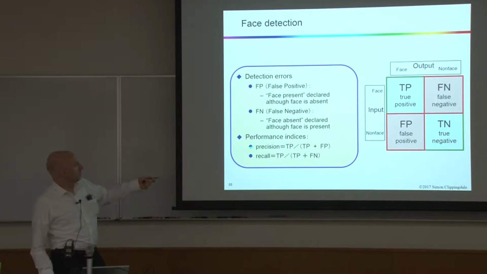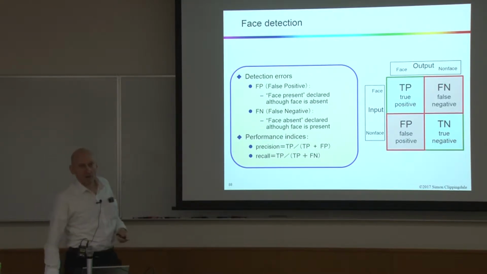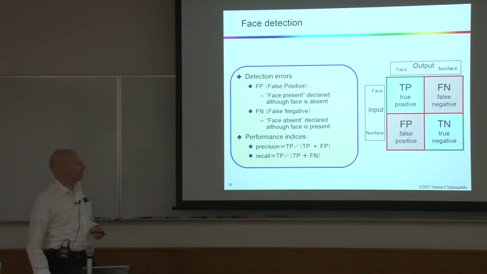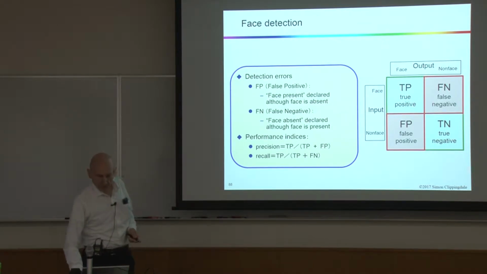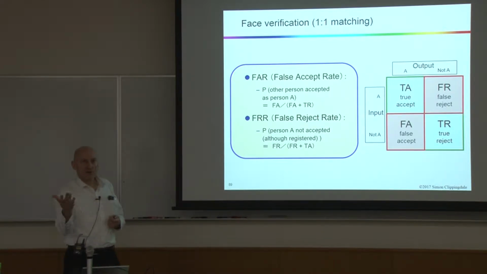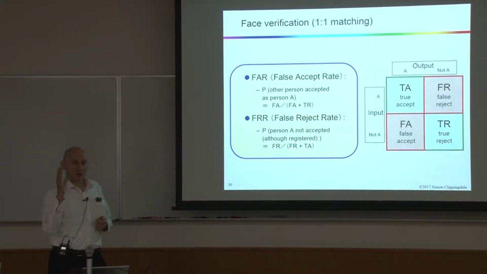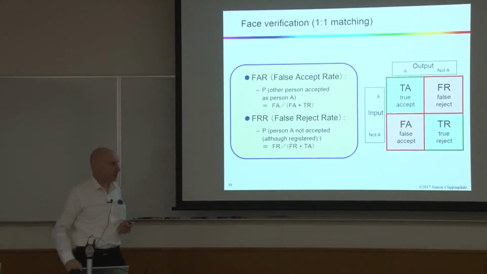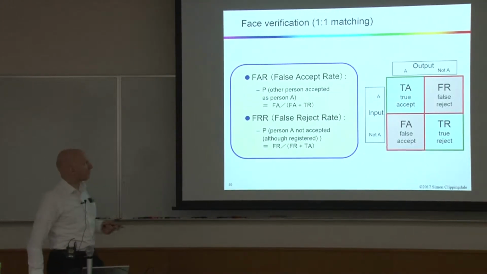Usually, precision and recall are the two main indices used to express these. Precision is all about how many false positives your system makes, and recall is about how many it misses, how many false negatives. Okay, so in the case of verification, we have a face and we are comparing it to one specific entry in a database.